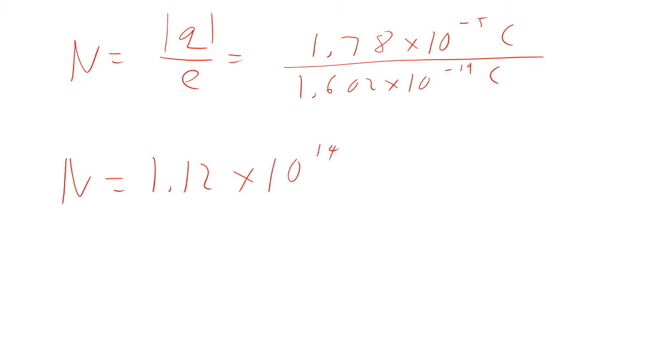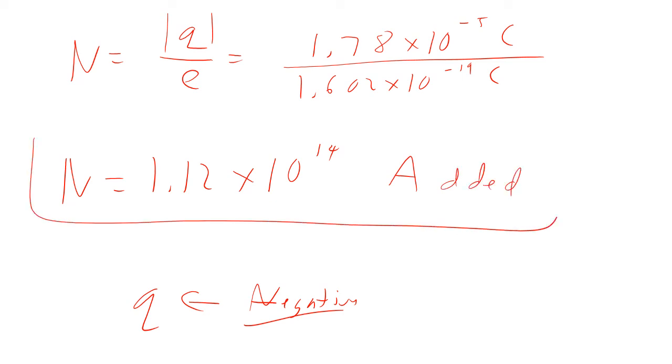Okay, now we know that the charge was negative, so this was negative. So that means that we added these electrons to it. So we added 1.12 times 10 to the 14 electrons. Okay. Now, we're adding electrons to this thing.